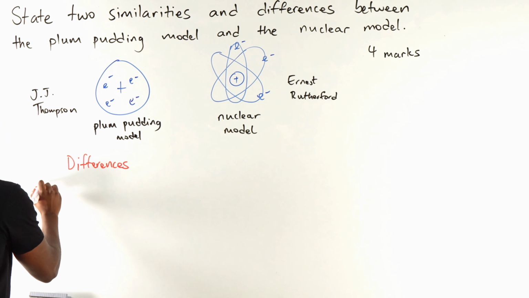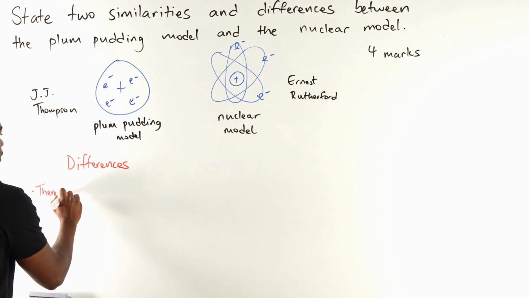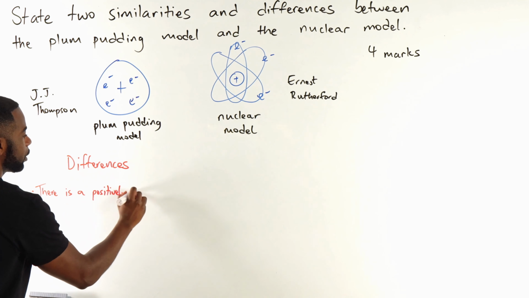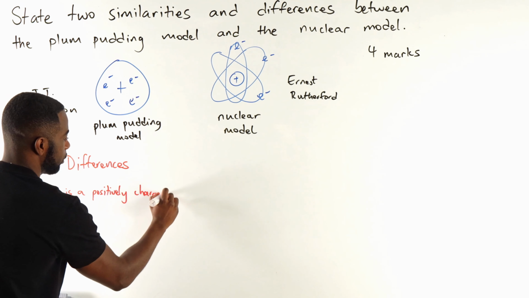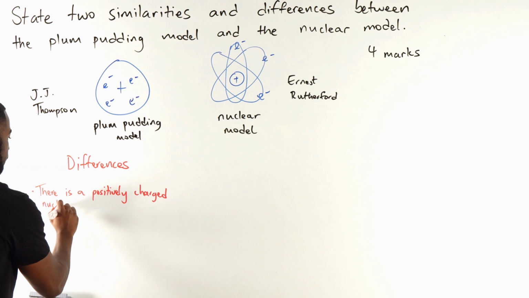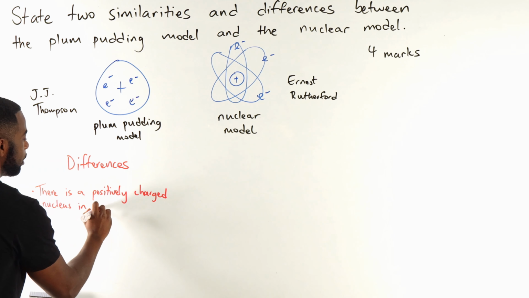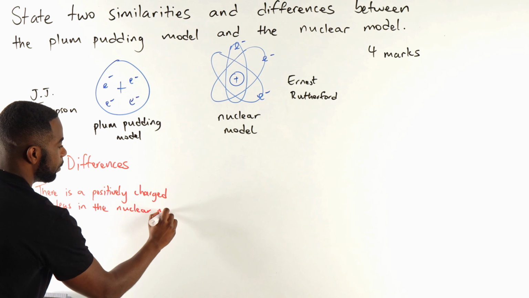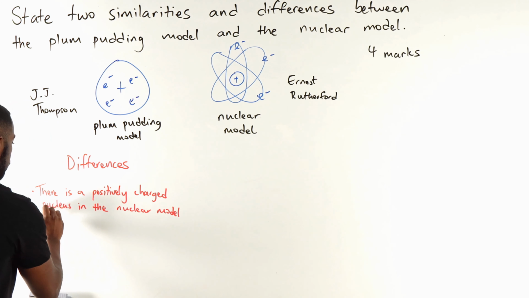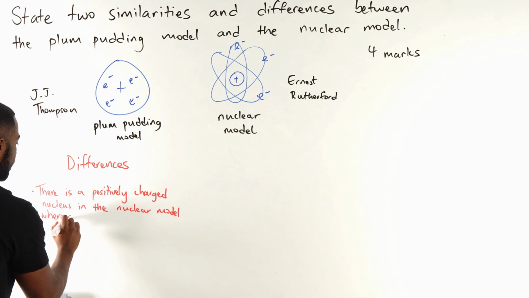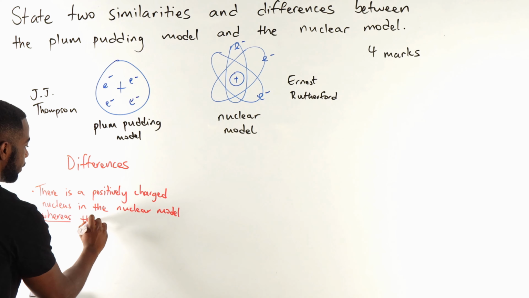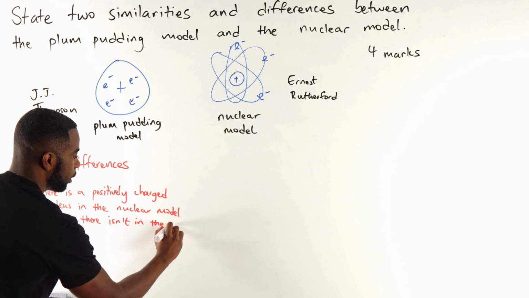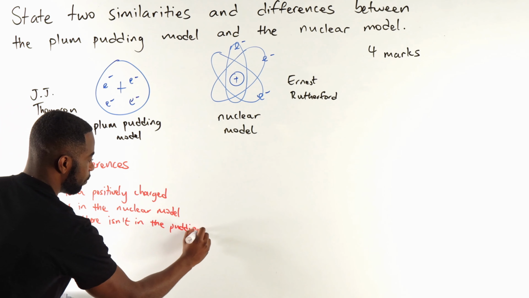So here, there is a positively charged nucleus at the center in the nuclear model. And because we're comparing, you need to use comparative words, so I'm using the word whereas. There isn't one in the plum pudding one. The plum pudding is a ball of positive charge.